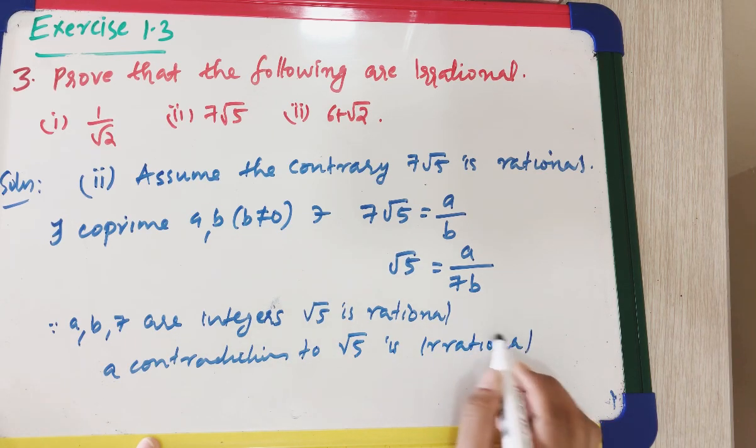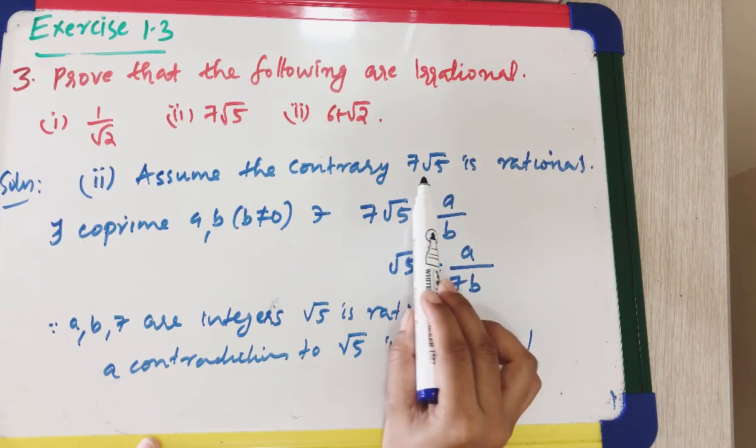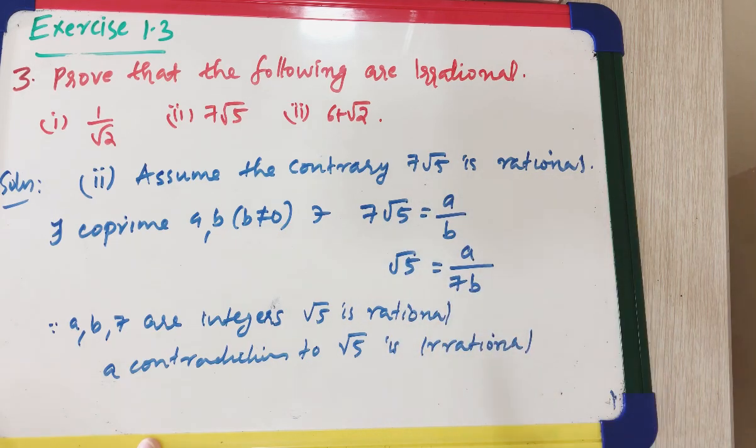This contradiction is due to our false assumption that 7 into root 5 is rational. Hence, we can say that 7 into root 5 is irrational.